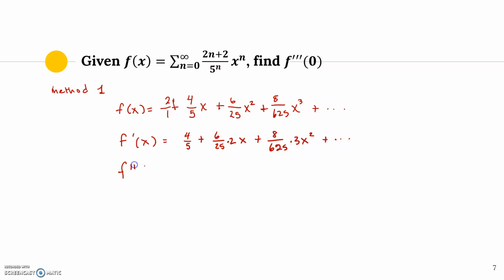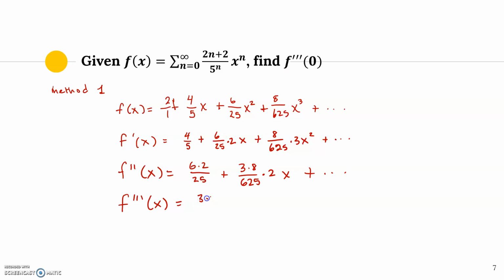If I take a second derivative, I'm going to be really lazy and not multiply. And now I'm on the third derivative. That goes away.